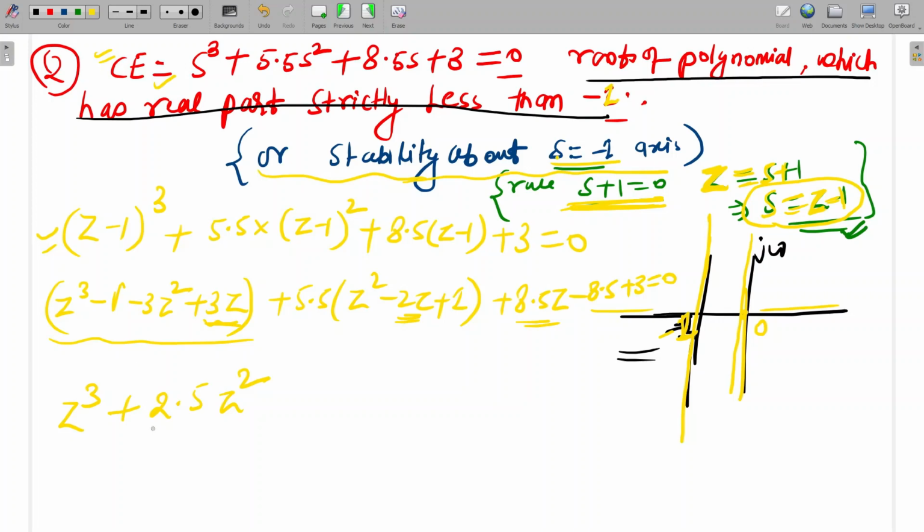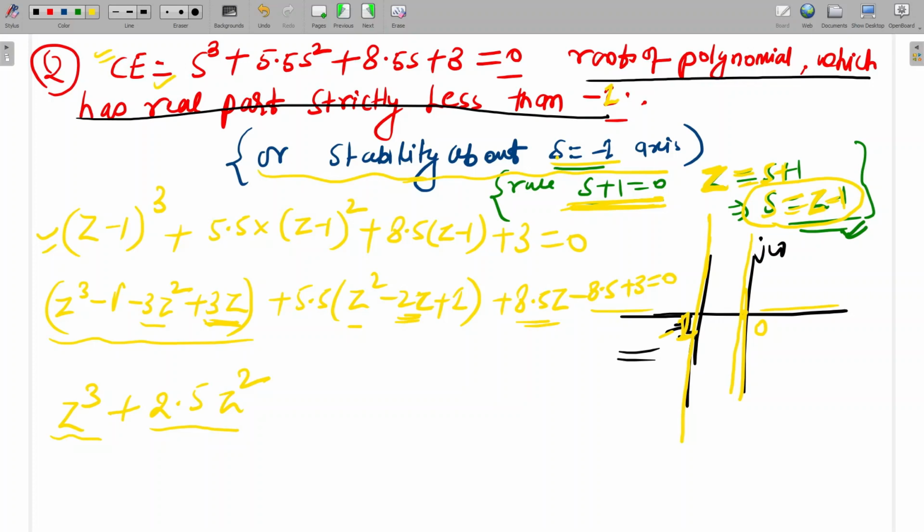Z cube plus 2.5 z square, up to now it is correct. This is minus 3 z square and this 5.5, so 5.5 minus 3 is 2.5, correct. Here 5.5 into minus 2z, that will be minus 11z. So minus 11z, and here plus 3z. Correct, and another 8.5z is there.